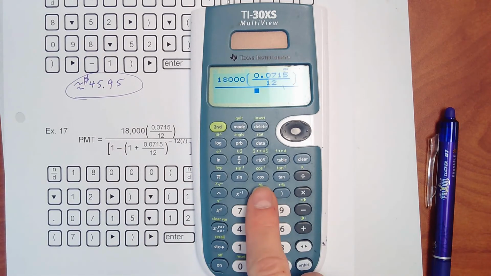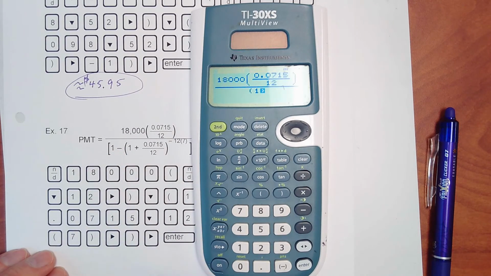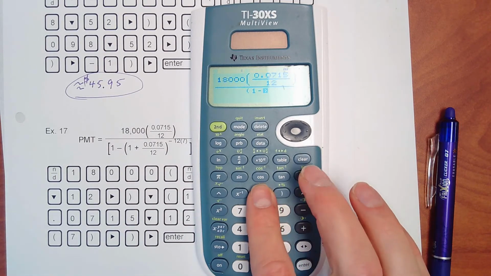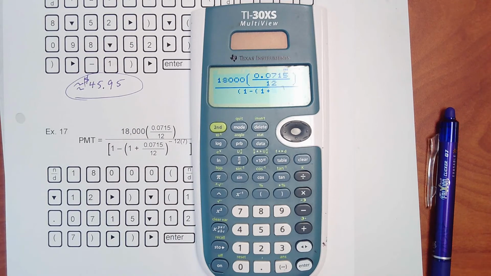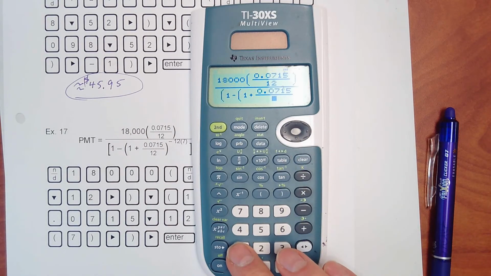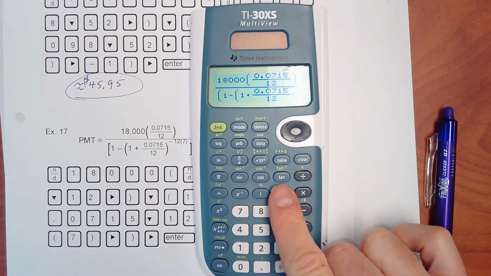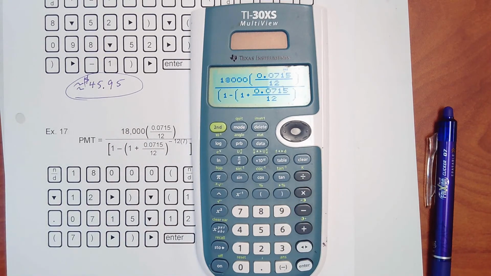So I'm going to do parentheses 1. Now this is subtraction. So this is subtraction here. And do our parentheses 1 plus fraction key 0.0715 over 12, right arrow, parentheses.